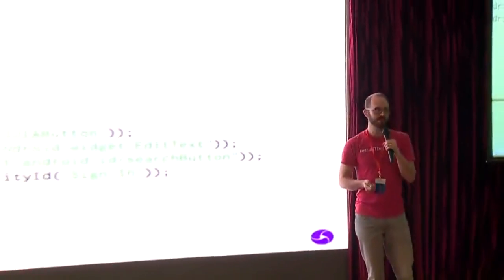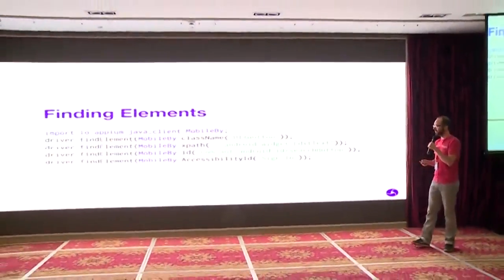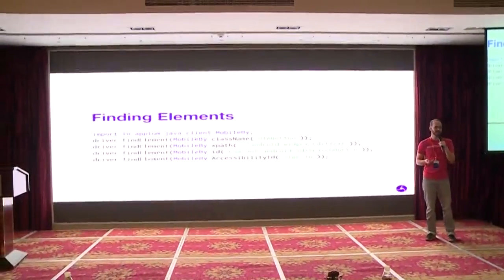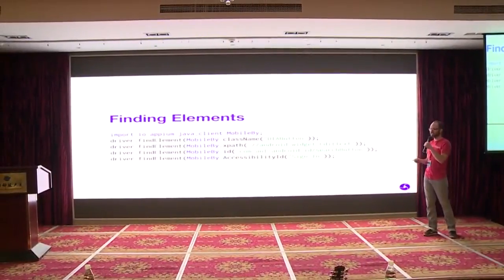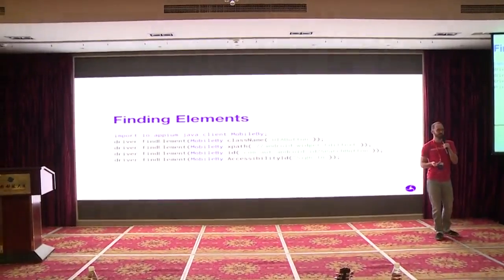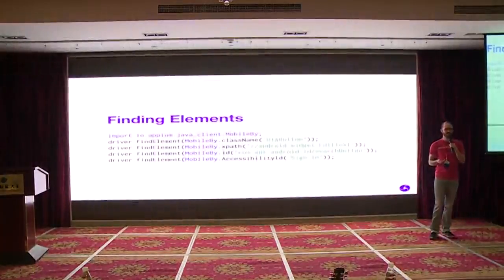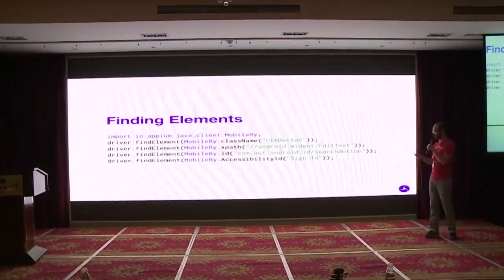You can find an element by its class, by an XPath locator, which is a representation of the element inside the hierarchy of the app. You can find an element by its ID, for example, by its Android ID, or by its accessibility ID, which is the label that a developer can give to an element to make it usable for a person with disabilities.